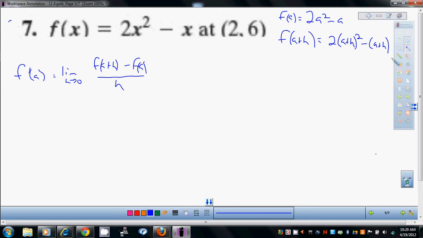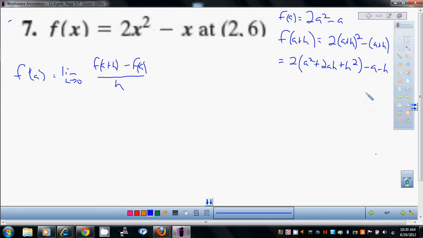Before I start foiling and subtracting and adding like terms, are there questions about where I got f of a plus h that I've written up there, about where that came from? No? All right. FOIL. (a plus h) squared, a squared. I'm not going to ask you to do anything more than square all day, so it's always going to be that when you FOIL it. Minus a minus h. Don't forget to distribute your minus sign.